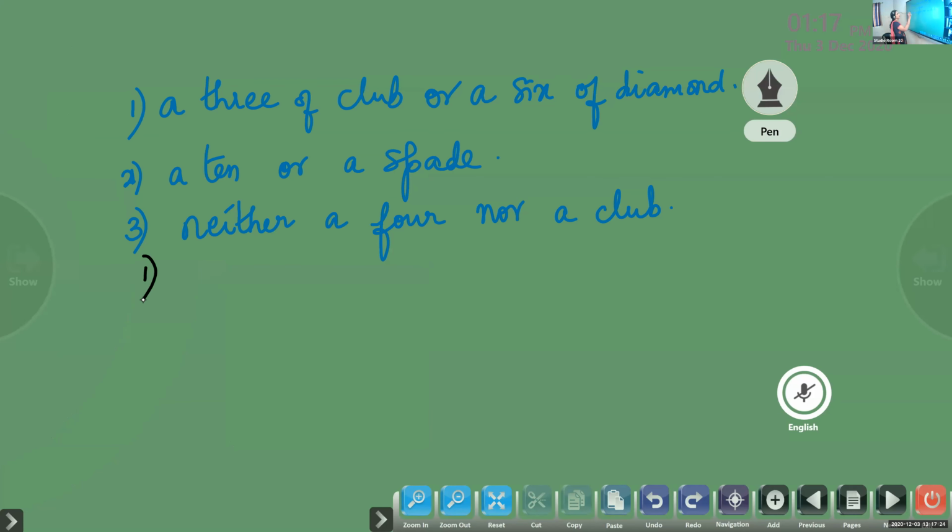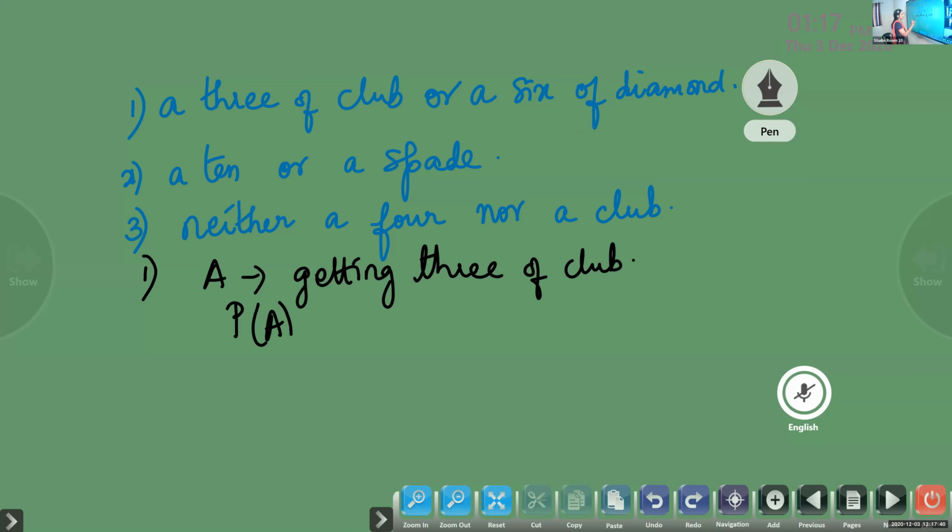Suppose A denotes getting 3 of club. Can you tell me the probability of getting a club with 3?